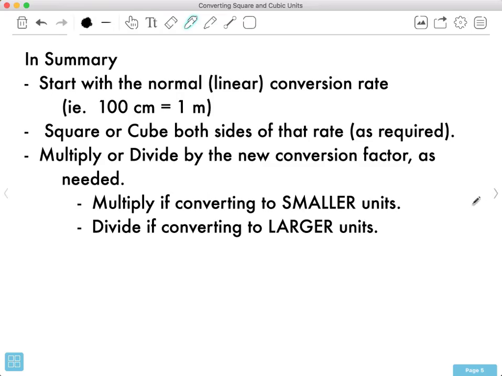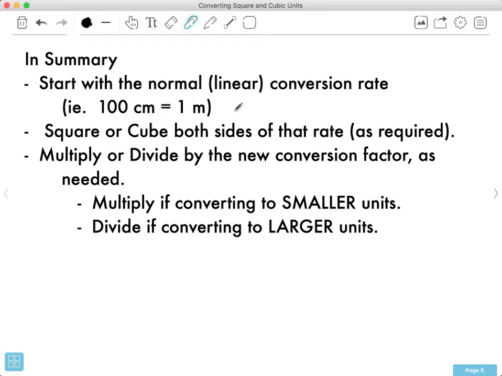So I've got a little slide here, just summing up what we talked about. Start with your normal conversion rate. We looked at centimeters to meters and feet to yards. There are other conversions you might have to do, maybe meters to kilometers or inches to feet, or other common conversions you might need to know. Whatever it is, you start with that rate.